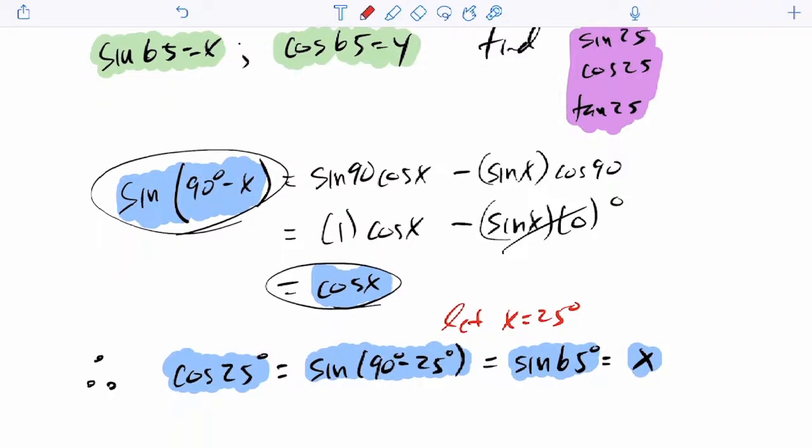Right, we could do the same thing with the other one too. I could say, what's the cos of 90 degrees minus x? That's going to be cos 90 cos x plus sine of 90 sine of x. And the cos of 90 degrees is 0, so that'll completely go away. The sine of 90 degrees is 1, so this simplifies to become the sine of x.